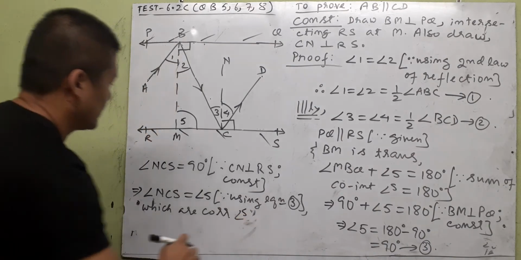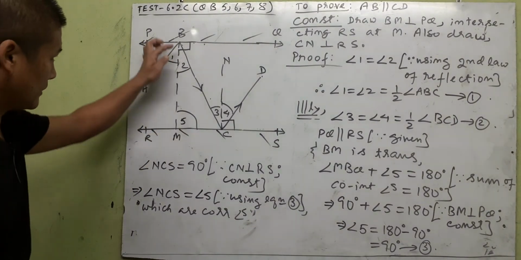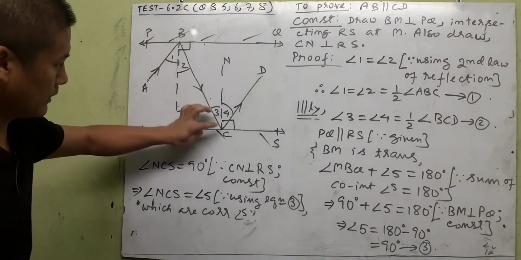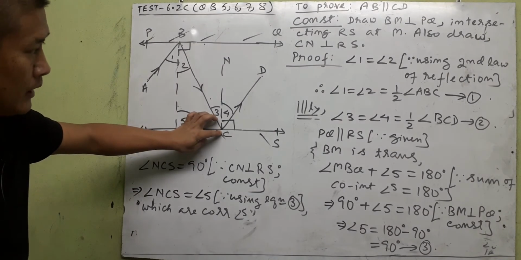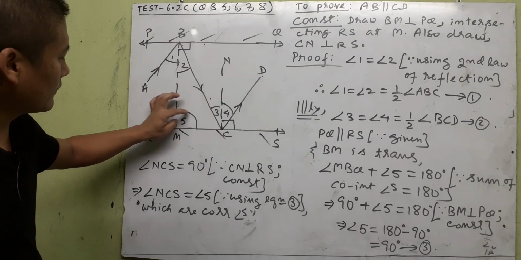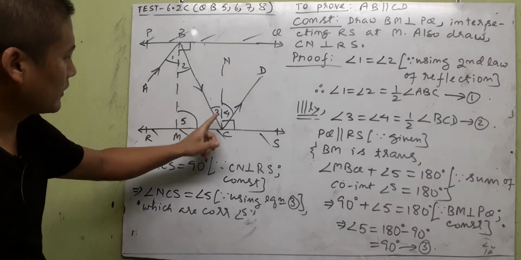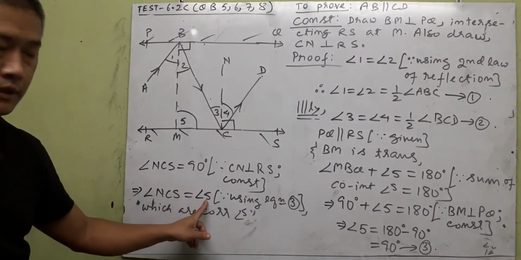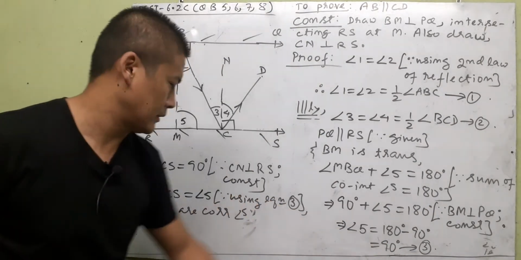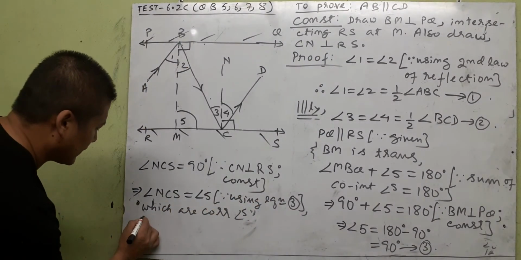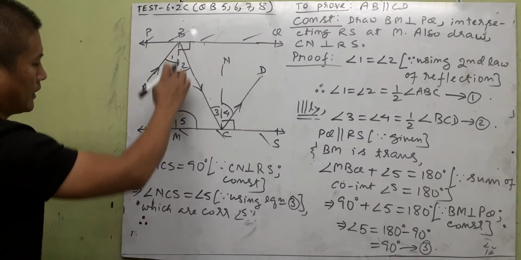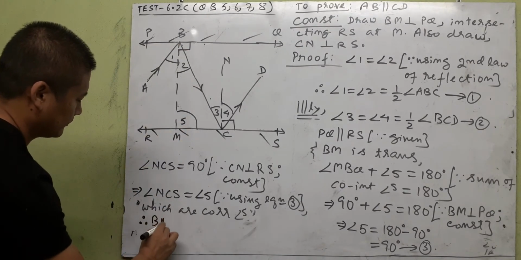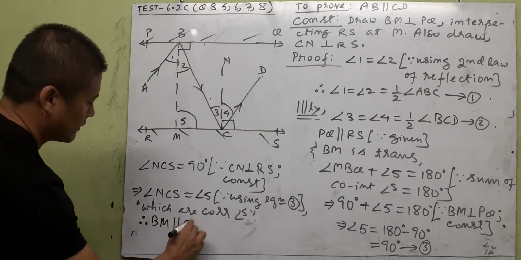When you consider this BM and NC, then this 5 above and this NCS above are corresponding, and we have found them to be equal because both of them are 90 degrees. So if corresponding angles are equal, then the lines above and below, which is BM, is parallel to CN.